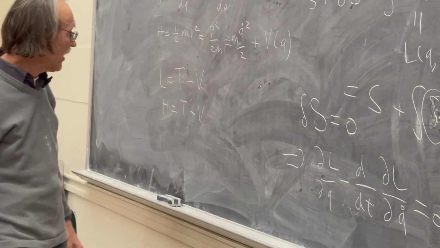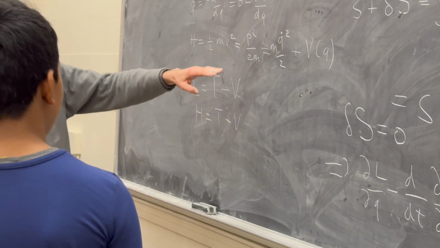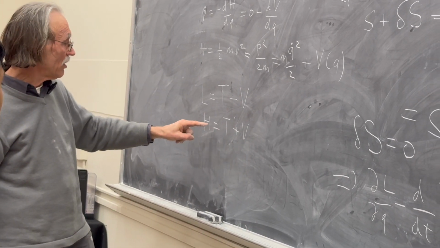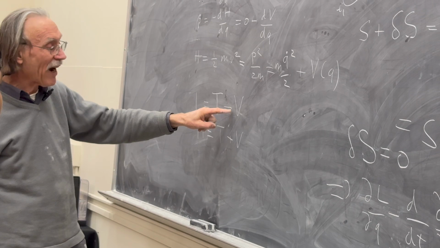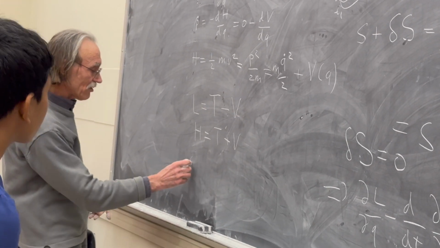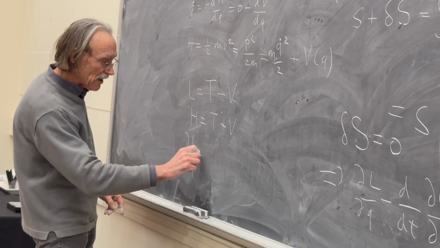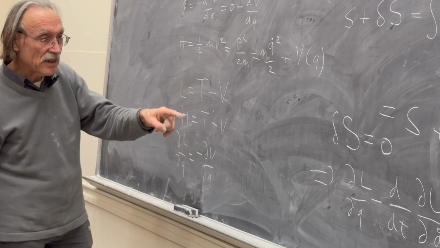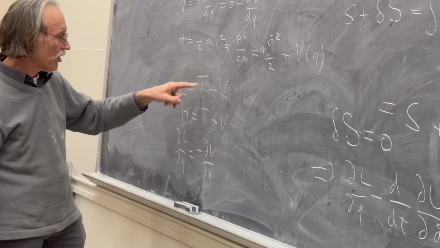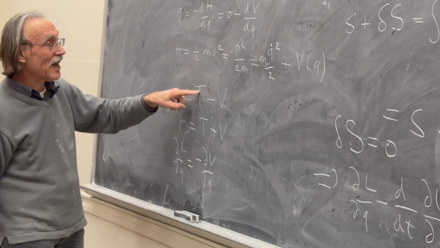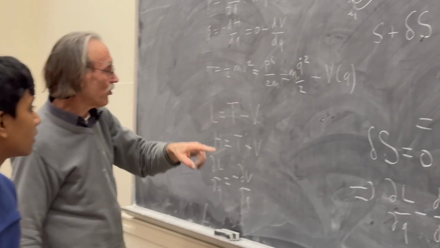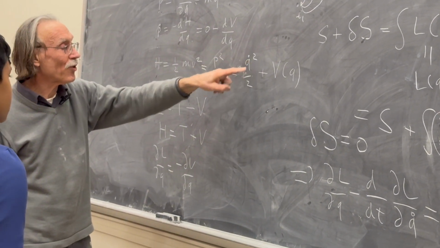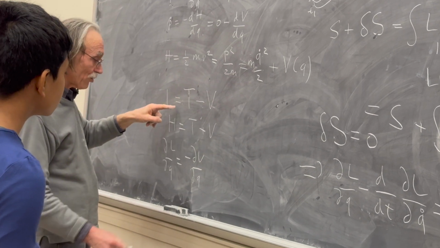They are very important. And if you look again at this example, what is dL/dq? dL/dq is minus dV/dq. And for dL/dq dot, q dot appears only in the kinetic energy, which is m q dot squared divided by 2. So dL/dq dot is 2 q dot divided by 2, which is m times q dot.